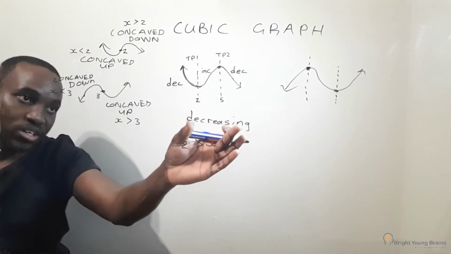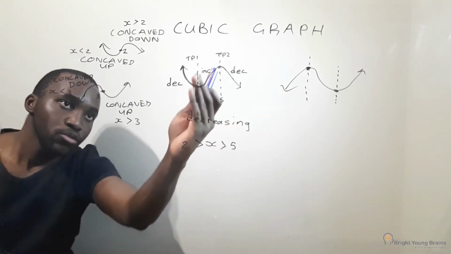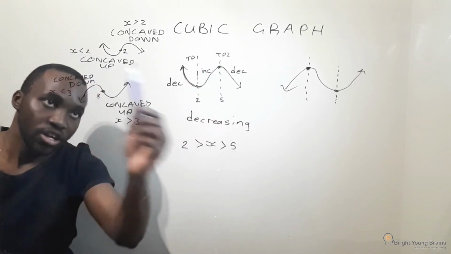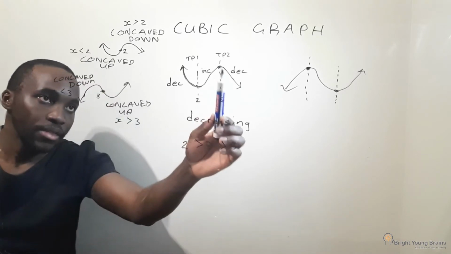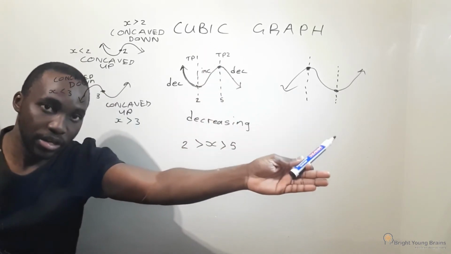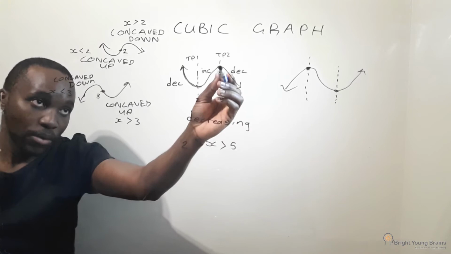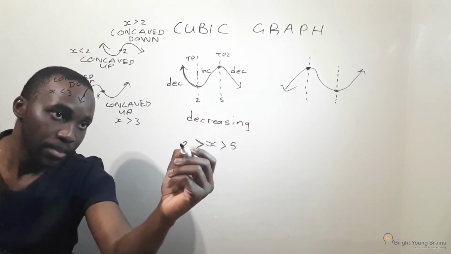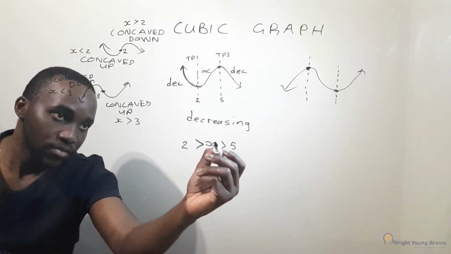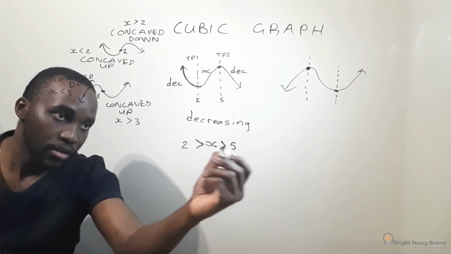From 2 going that direction, this is the portion where our graph is decreasing, right? And then from positive 5 going all the way that side, that's the portion where our graph is also decreasing. So where x is smaller than 2 and where our x values are bigger than 5.